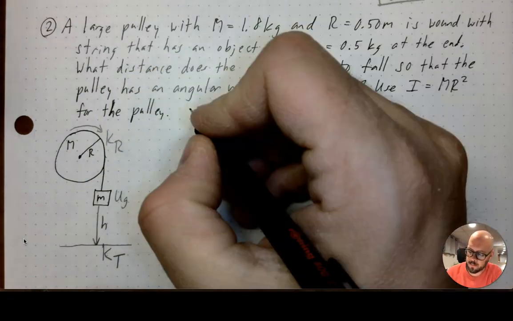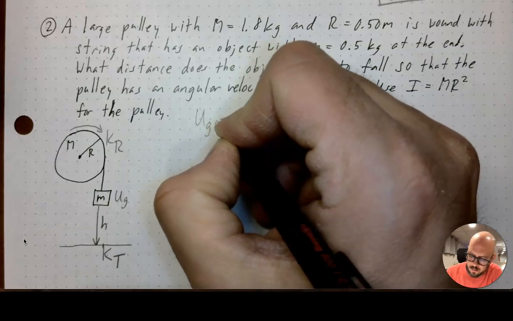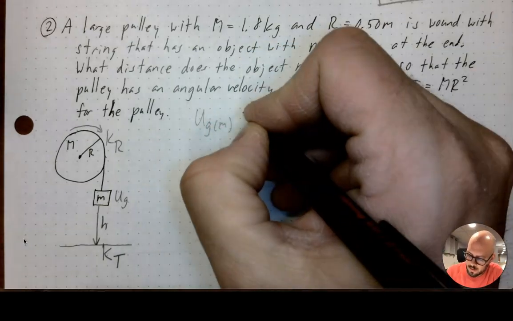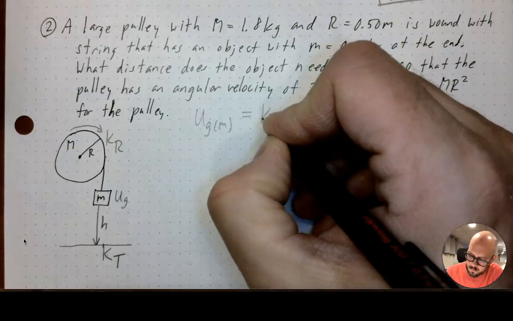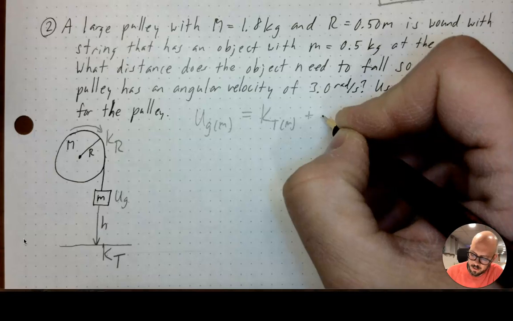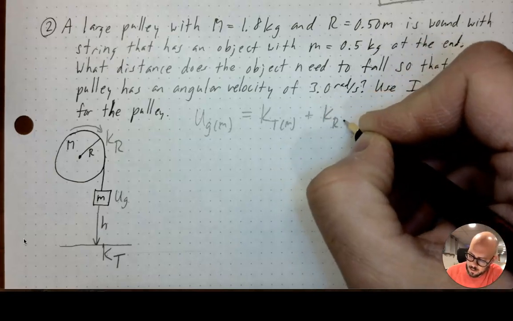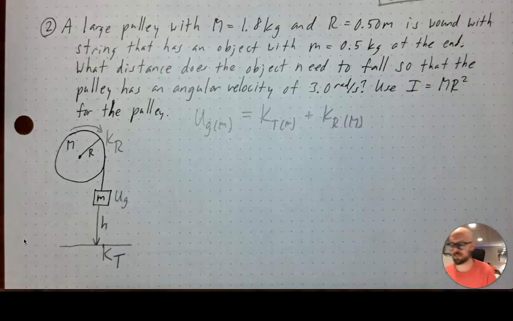So what's actually happening here is the gravitational potential energy of that little mass is becoming the translational kinetic energy of the mass plus the rotational kinetic energy of the pulley.